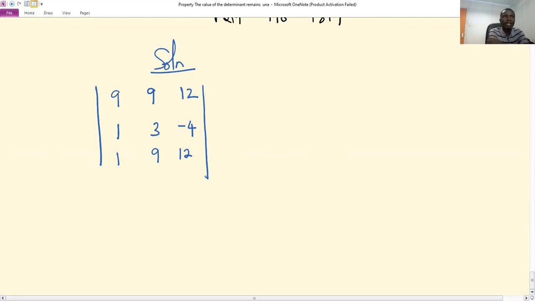Now, we say that if you add a scalar multiple of a row or column to any row or column in the determinant, the value of the determinant doesn't change.